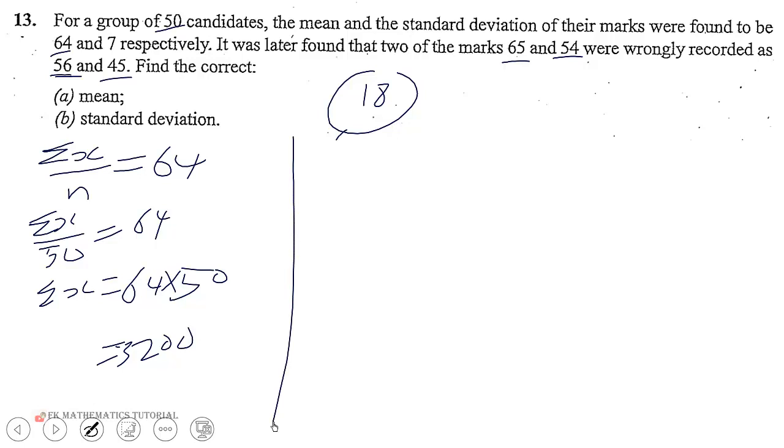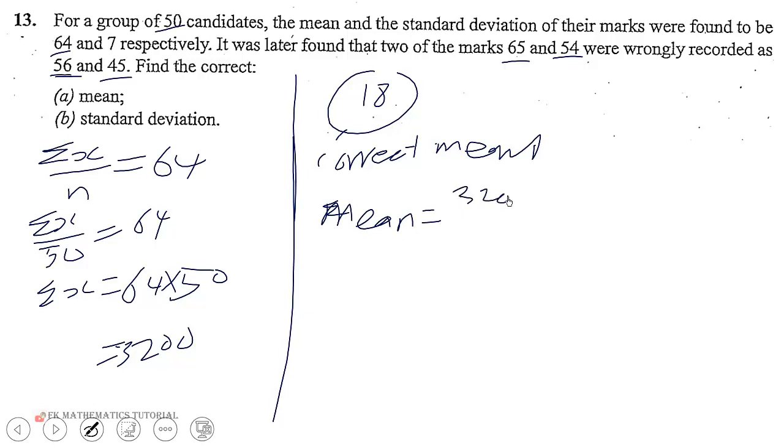So since it is less 18, the correct mean should be given by adding the 18 back. So the mean should be equal to 3,200 plus the 18 over 50, and that should be equal to 3218 divided by 50, which should give us 64.36.